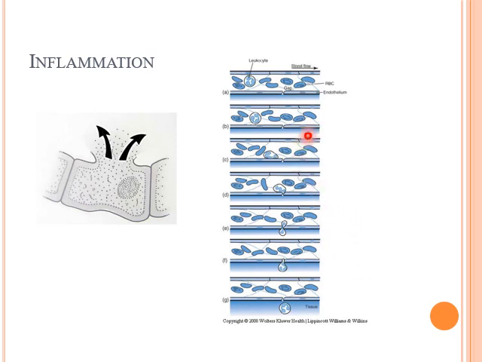Now the problem with that is that's where some of the swelling is going to come from, because you're going to get an increase in interstitial fluid because of the plasma proteins out there, and some of what goes on with the white blood cells cleaning that out. So it's going to cause an increase in the interstitial tissue pressure relative to the capillaries. So this is our acute inflammatory process still.